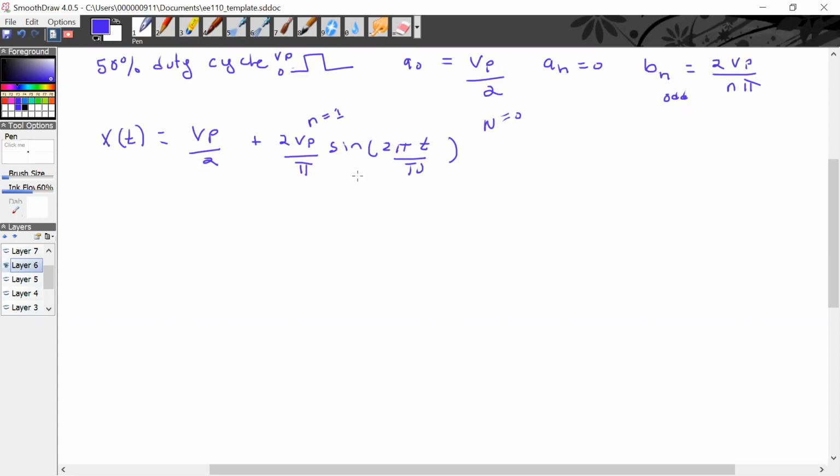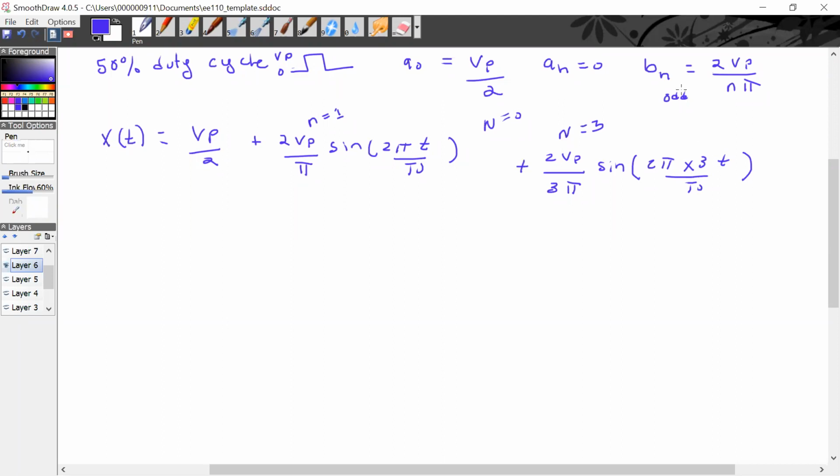So 0 times sine, we're just not going to write it. Right? N equals 3 is, all right.